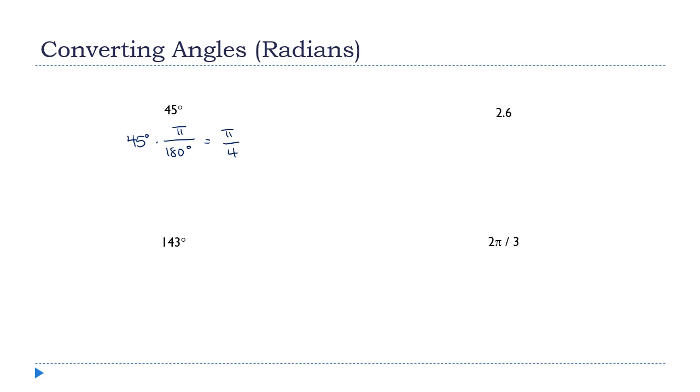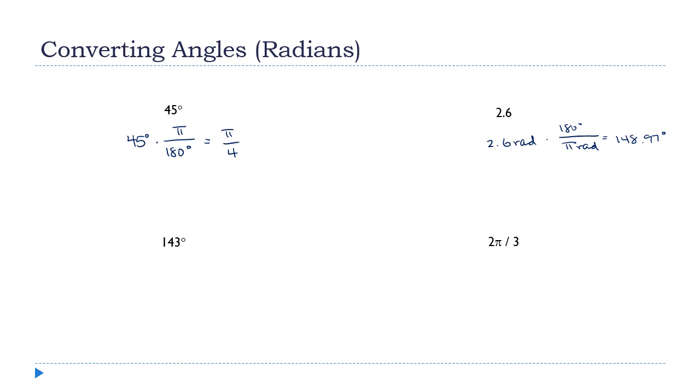So 2.6 radians times 180 degrees per pi radians is equal to, you get your calculator out for this one, 148.97 degrees. Now, in this case, I didn't leave pi in the answer because degree measures are always given as decimal numbers.